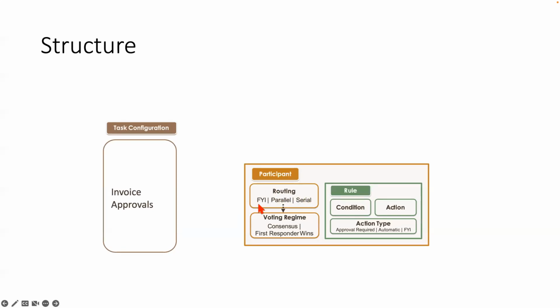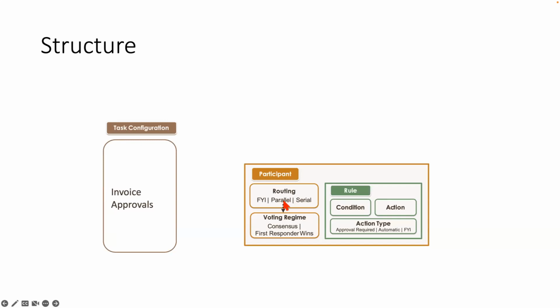So if I have a participant which is FYI, I expect the rule inside this participant to bring me an action which is for your information. So no action is required, it's just a notification sent to someone for them to note that whatever is happening in that rule is happening.